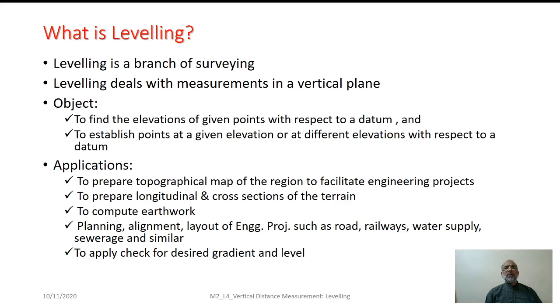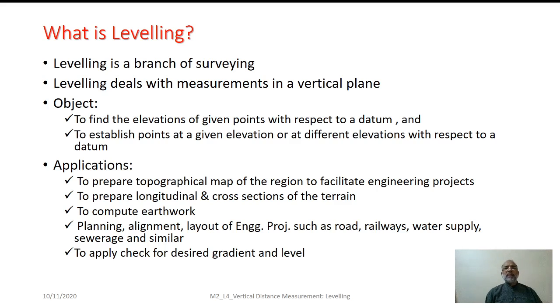Just to name a few applications, this can be employed to prepare the topographical map, to construct longitudinal as well as cross sections of the terrain, to compute the earthwork involved related with the various engineering assignments, to plan, align, layout of various engineering projects such as road, railways, water supply, sewerage and similar.